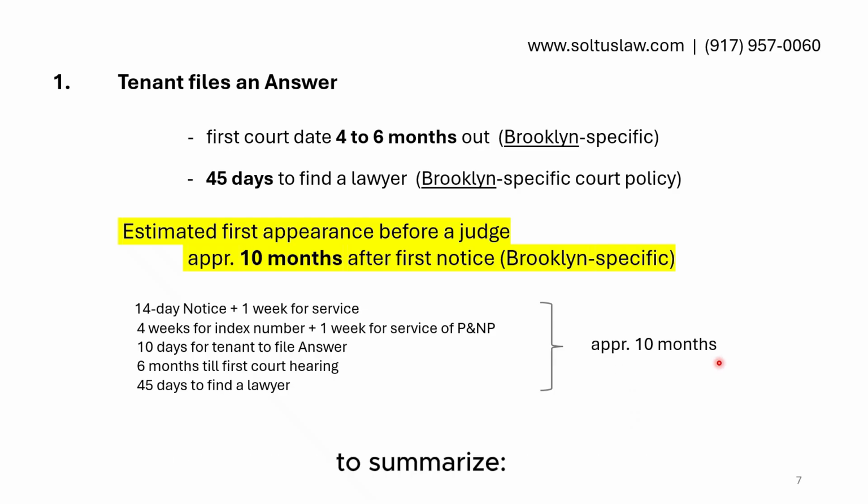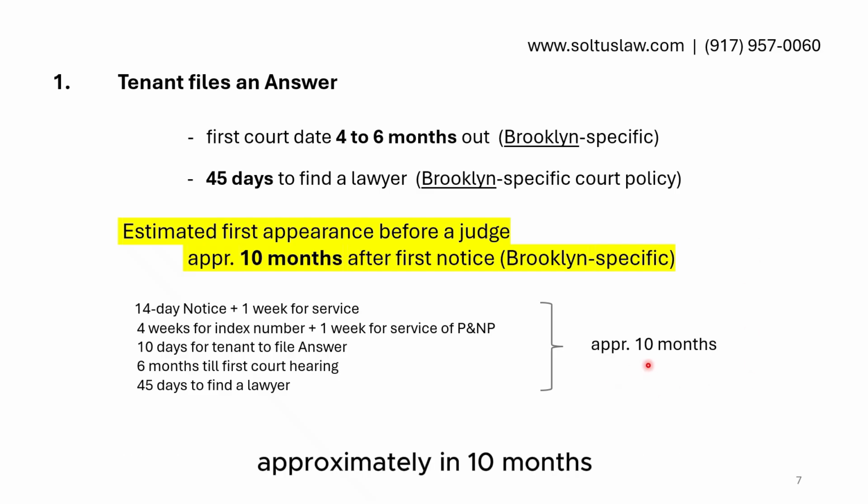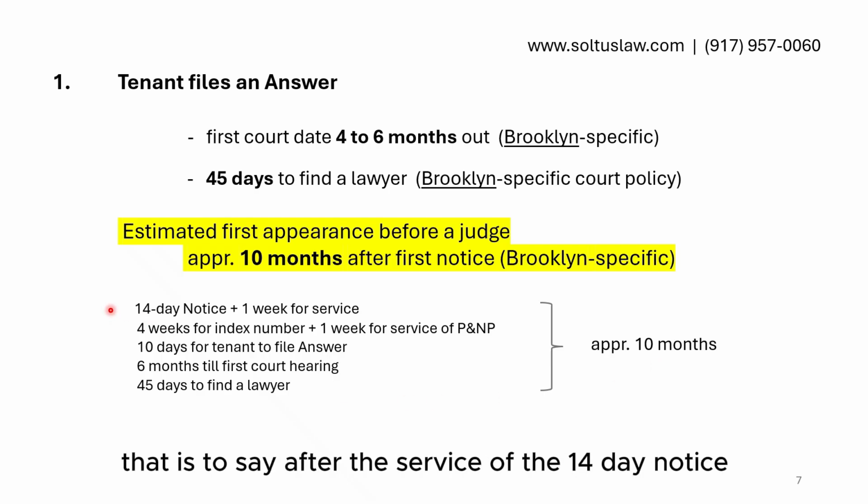So to summarize, once again, those periods are Brooklyn specific. In Brooklyn, a landlord can expect to see the judge for the first time approximately 10 months after the case was started, that is to say, after the service of the 14-day notice.